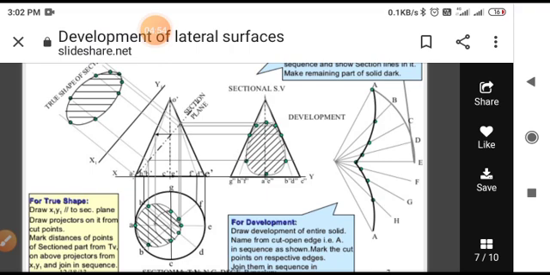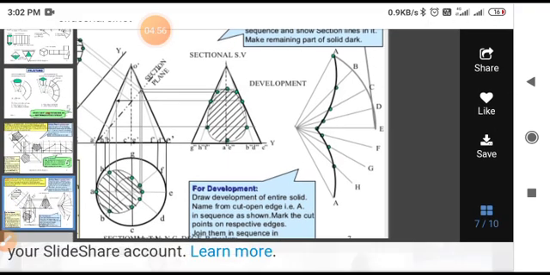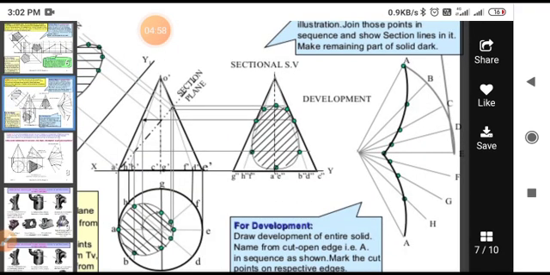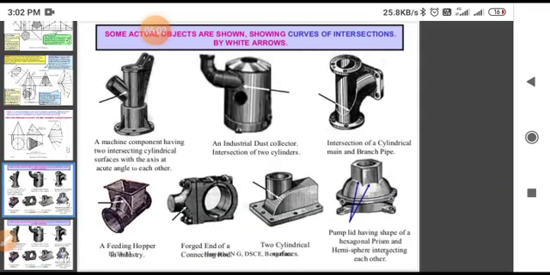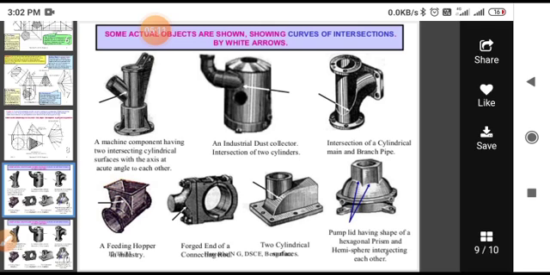I found this slide on the internet. I'm showing you. Here you can see where this development comes into use. You can see these surfaces, where you can use this development.